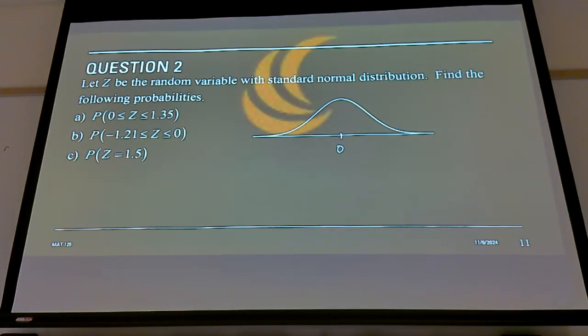Between negative 1.21 and 0. I don't know, negative 1.21, right about there. Or we can check the value from the table and subtract. We have to check the value from the table for 1.21.